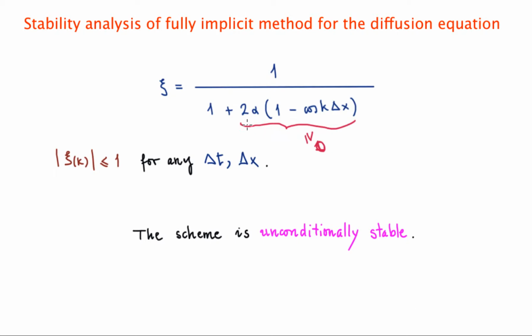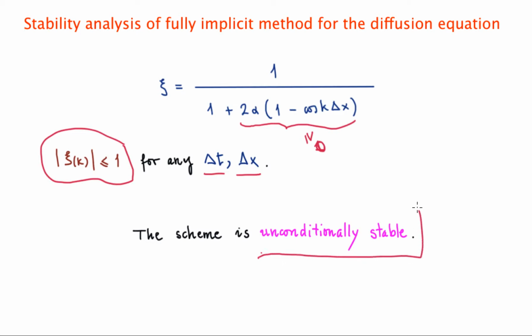If it's positive, then the denominator is always going to be greater than 1. If it's greater than 1, then the absolute value of the eta function is always going to be lower than or equal to 1 for any delta t and delta x. So what does it mean? It's always stable.